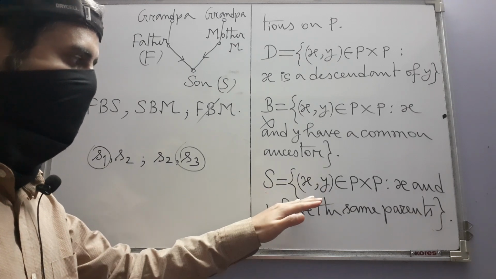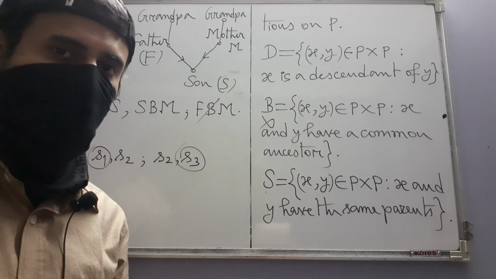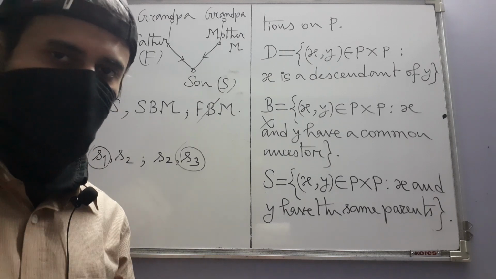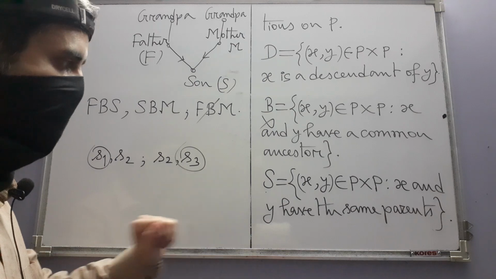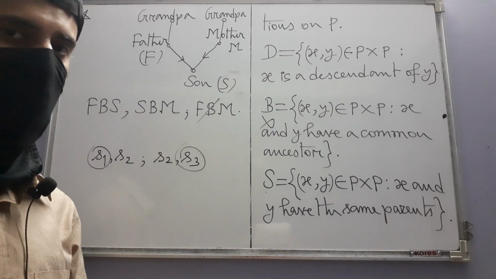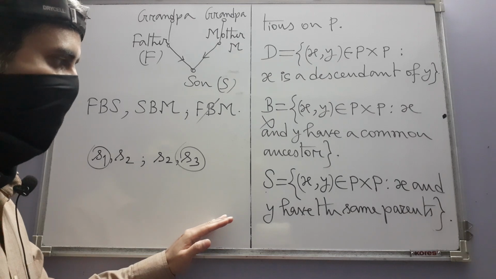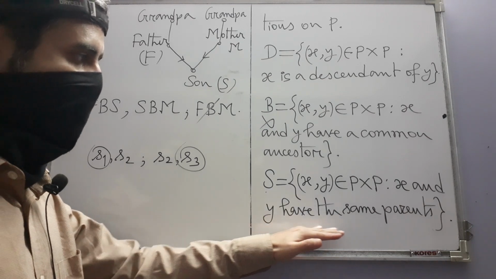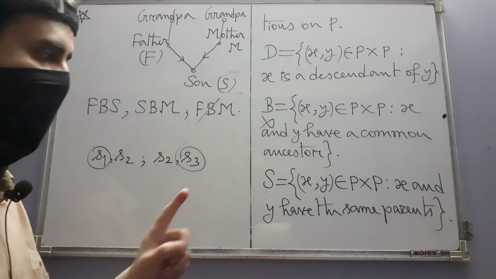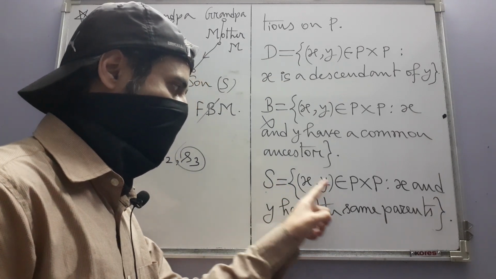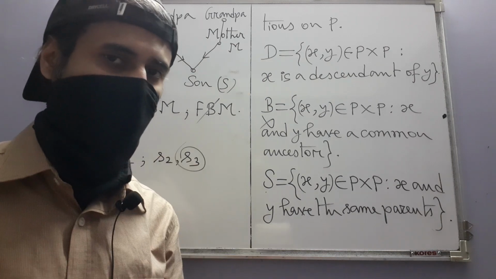Absence of non-reflexivity can be seen immediately because it's about, say, you and you. You are your own sibling. It sounds stupid, but technically, in this context, it is true. So obviously non-reflexivity is not true. Similarly, comparability is also not true. Why? Because do not forget that we are talking about all the people in the world.